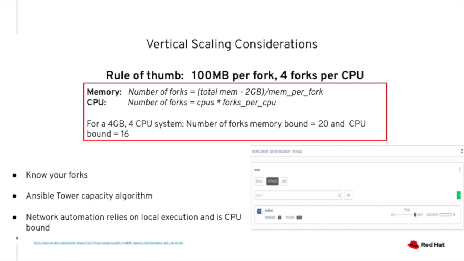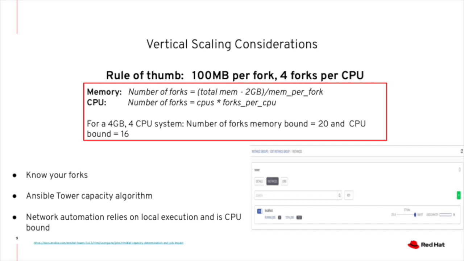Okay, so there are other internal things; if you're doing a project sync, same thing, it takes up 1 fork, right? So when you're sizing a box, let's say it has X number of CPUs and so much RAM, Ansible gives you a formula to calculate how many forks can run on this particular box, right?